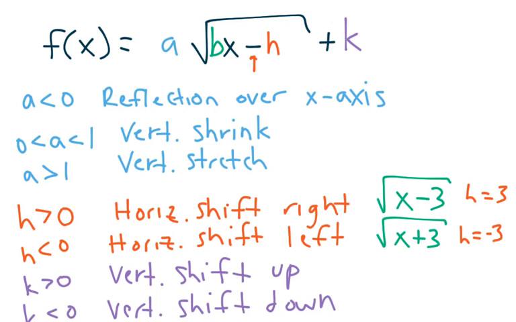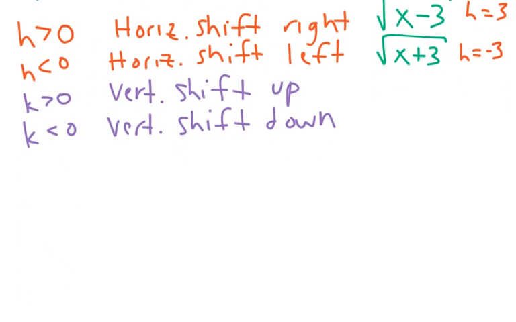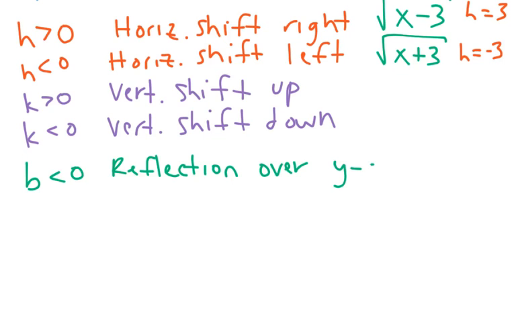But instead of reflecting over the x-axis, it reflects over the y-axis. That's because it's affecting our horizontal values instead of our y values, our output values. So I'm going to put this on here just so that you can be introduced to it. So if your b ends up being negative, we call this a reflection over the y-axis.